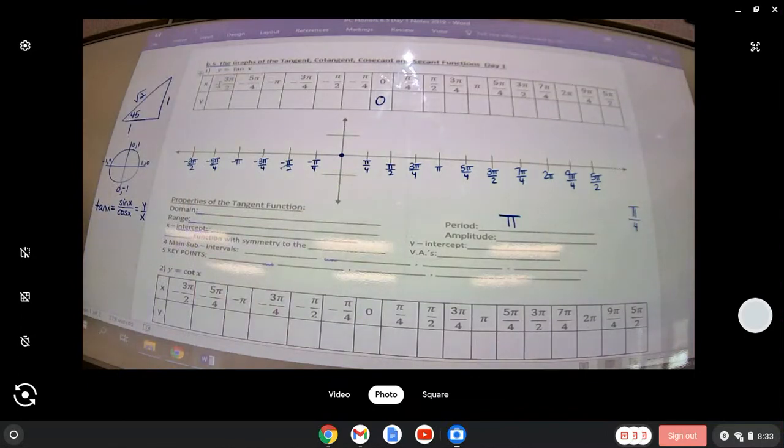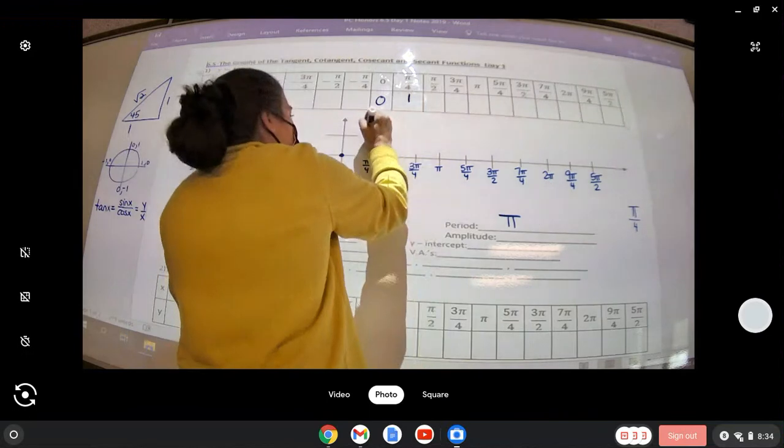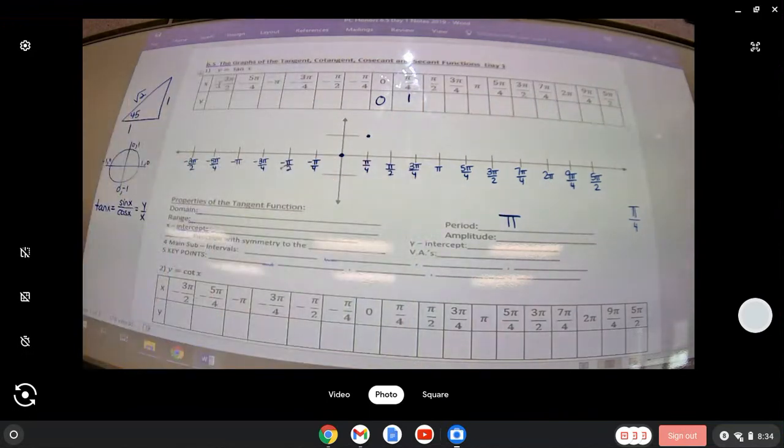Okay, now we go to pi over 4. Guys, pi over 4, 180 divided by 4, is 45. That's a 45-degree angle. So in your 45-degree right triangle, opposite over adjacent, your tangent is 1. So pi over 4 is 1. We're in quadrant 1. All tangent ratios are positive in quadrant 1, so that's 1. Okay, then we get to pi over 2, which is right here.